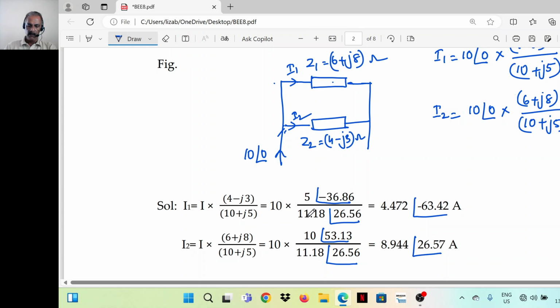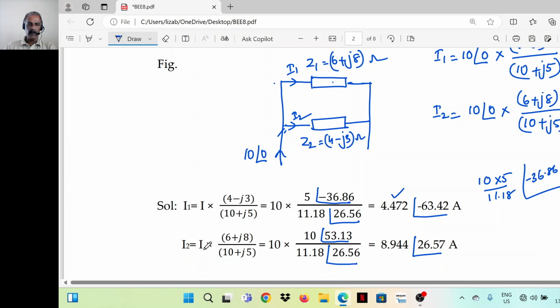So the magnitude is 10 into 5 divided by 11.18, that is 4.472, and the angle is minus 36.86 minus 26.56, that is minus 63.42. So current through Z1 is equal to 4.472 angle minus 63.42.